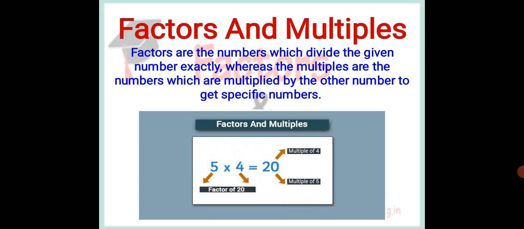Children, let us clear through this example all about factors and multiples. What is a factor and what is a multiple?